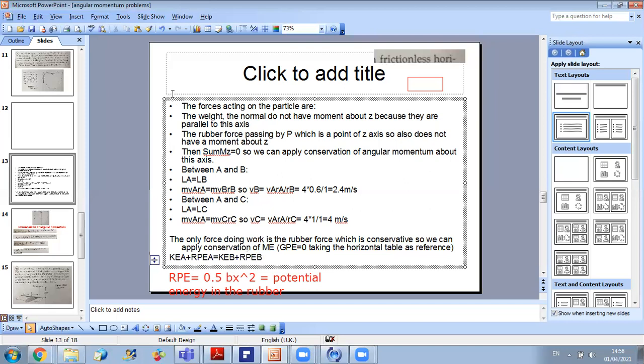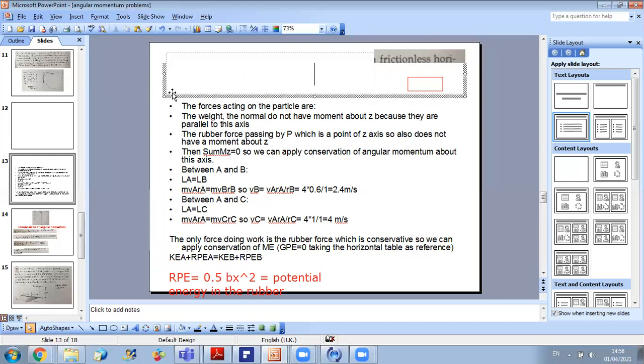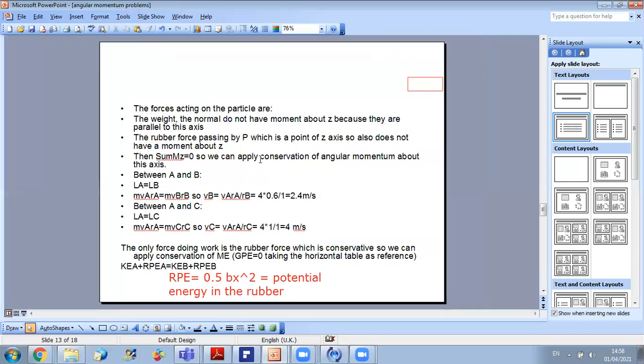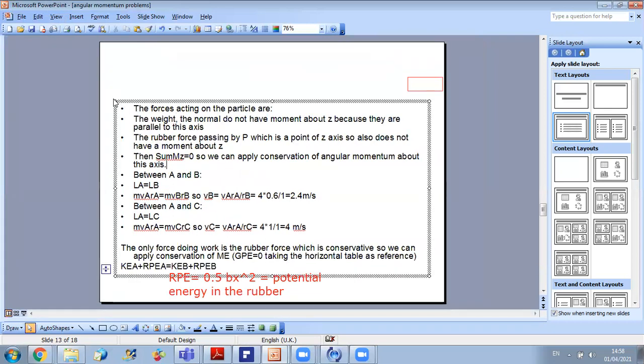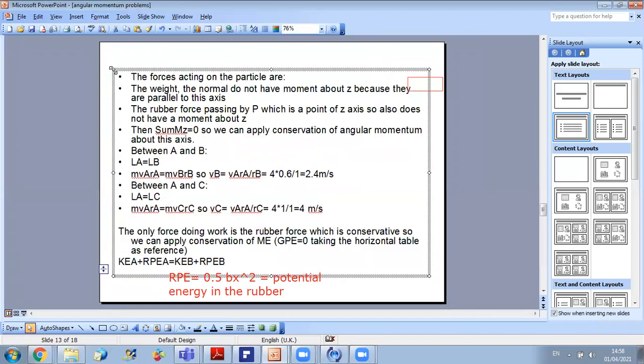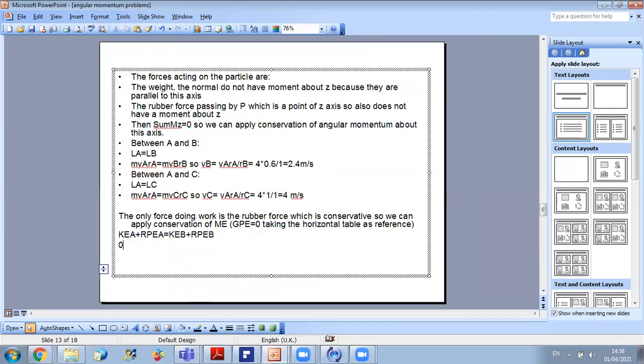Do you see what I'm writing, or do you want me to make it bigger? It's clear to me, I don't know about the others. Okay, anyway I will make it a bit bigger. Okay, so the kinetic energy is calculated as 0.5 times m times V at A squared, plus we said the rubber potential energy is 0.5 B times x squared.